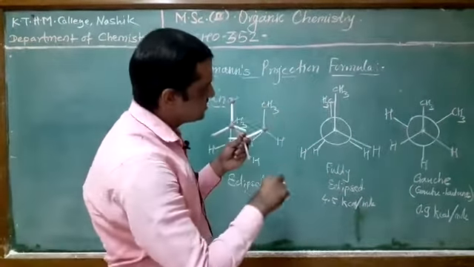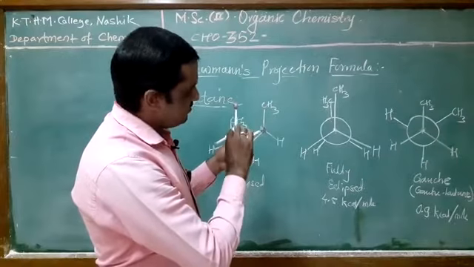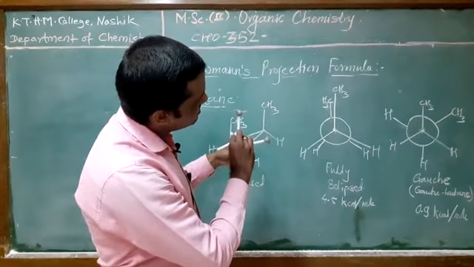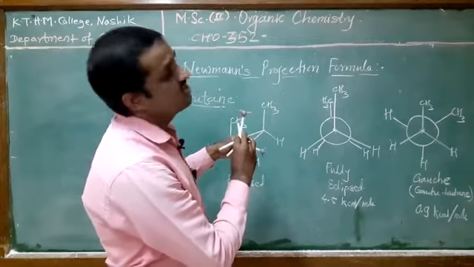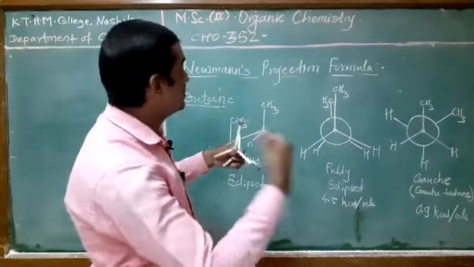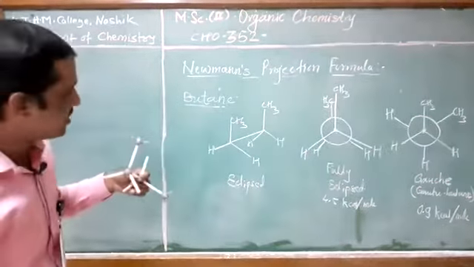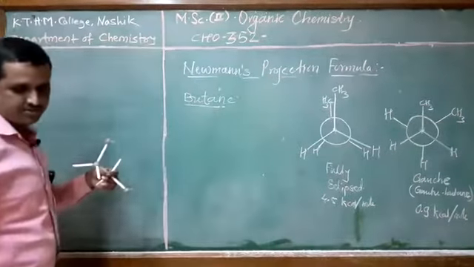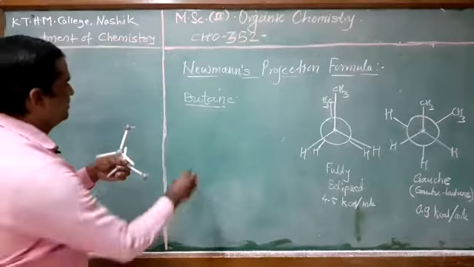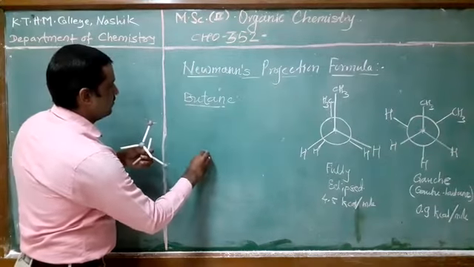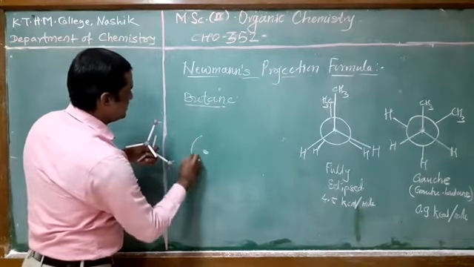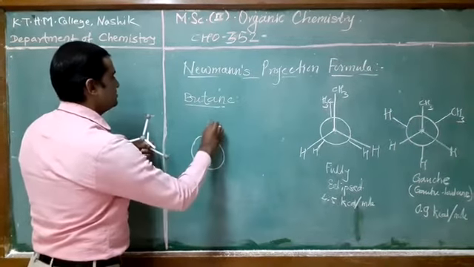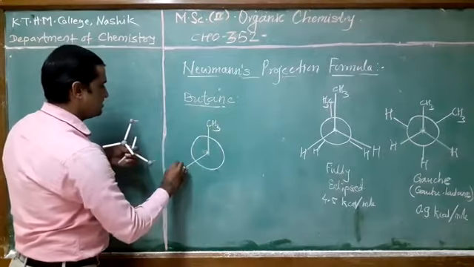Likewise, keeping the front carbon as it is, if I again rotate the backside carbon by 60 degree, we obtain the third type of conformation. The molecule will be observed like this: the front carbon has CH3 upward as it is, with left-hand and right-hand hydrogens downward as it is.